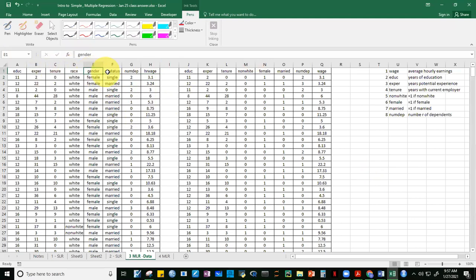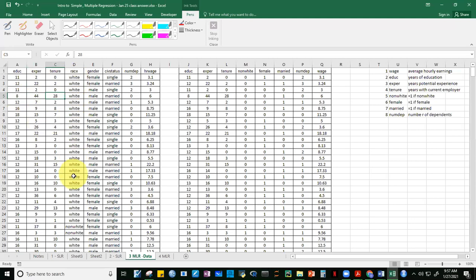Yung respondent na to, si ID number 1, 11 years of education siya, 2 years of work experience, tenure kung ilang na siya katagal dun sa job. So bago lang siya sa current job niya, although may 2 years experience siya, ibig sabihin 2 years na to dun sa ibang company. Ito namang taong to, 8 years of education, 44 years of experience, 28 dun sa current job niya.